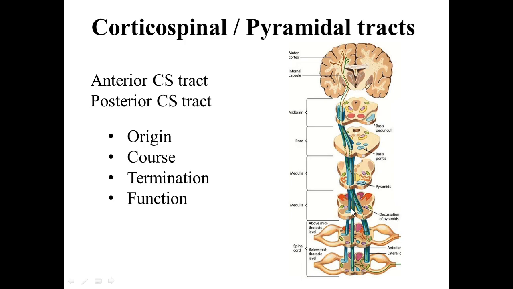In the lower part of the medulla, 90% of corticospinal fibers cross to the opposite side. So here in the lower part of the medulla, you can see 90% of fibers cross to the opposite side and enter the lateral funiculus of the spinal cord.